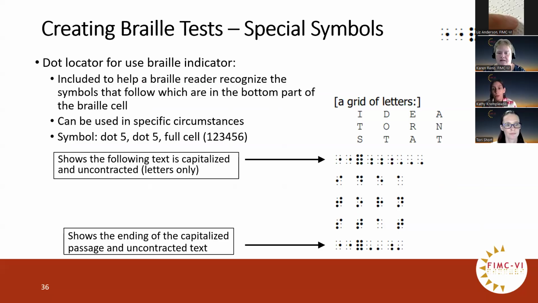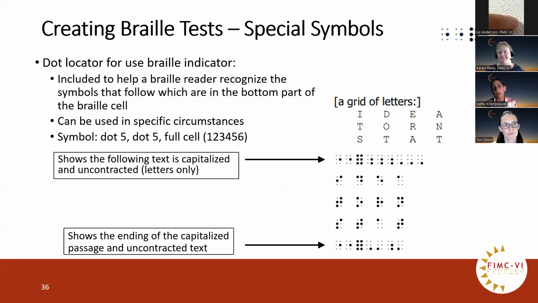All right, so now we wanted to give you a heads up. With creating Braille tests, there are some special symbols, and some of these symbols are part of the UEB code, so you should learn them, but you don't often see them except in very unique situations. And because of that, we thought we should call your attention to this dot locator for use.